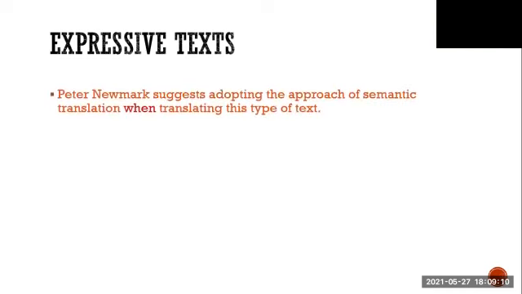Let's see. Now, of course, again, Peter Newmark, this is a name that you will hear a lot during this course. Peter Newmark suggests adopting the approach of semantic translation when translating an expressive text. Now, because it is an expressive text, because it expresses something, we have to stick to the feelings and emotions of the source author.